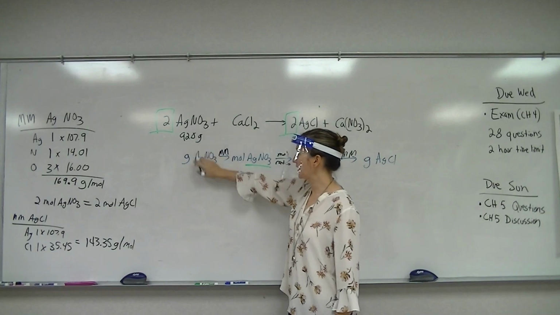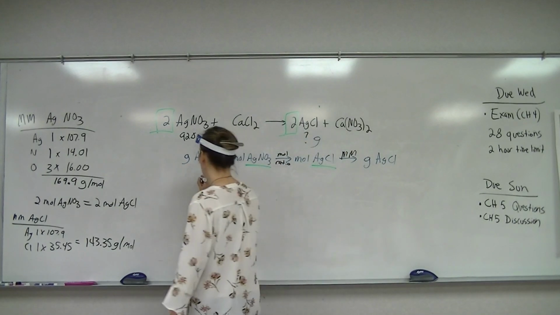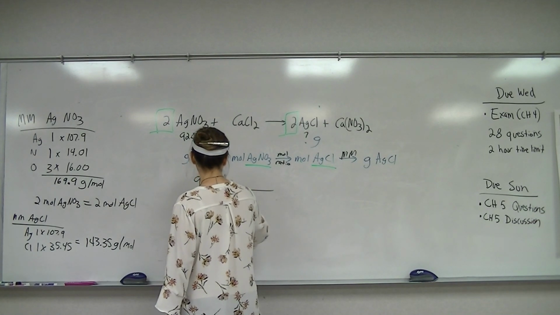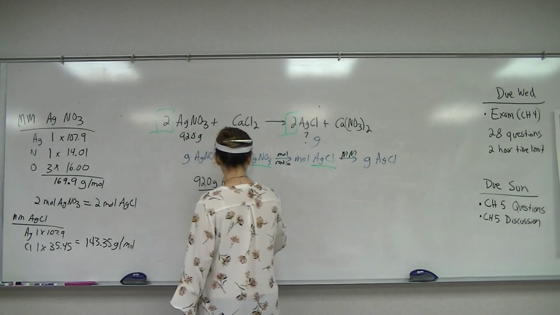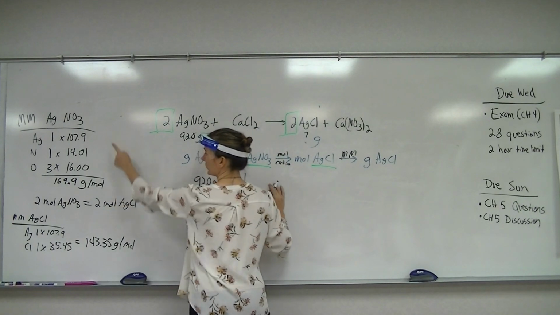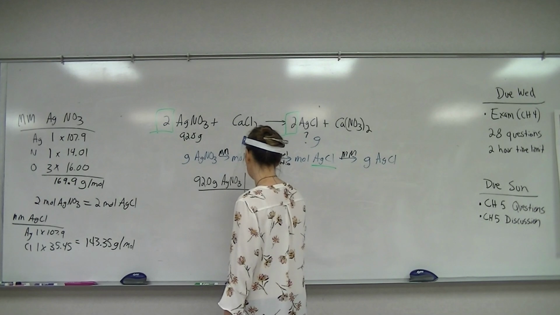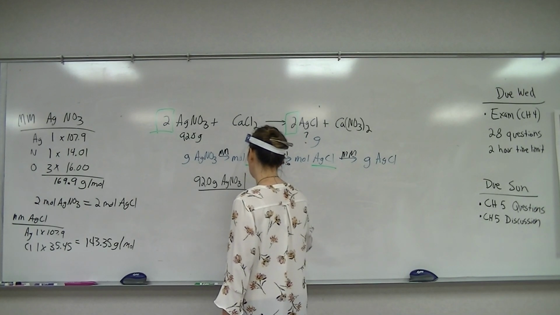I'm going to start now with my grams of silver nitrate. I'm going to start with my 92.0 grams. Using my molar mass of silver nitrate, I'm going to divide by the molar mass, 169.9.